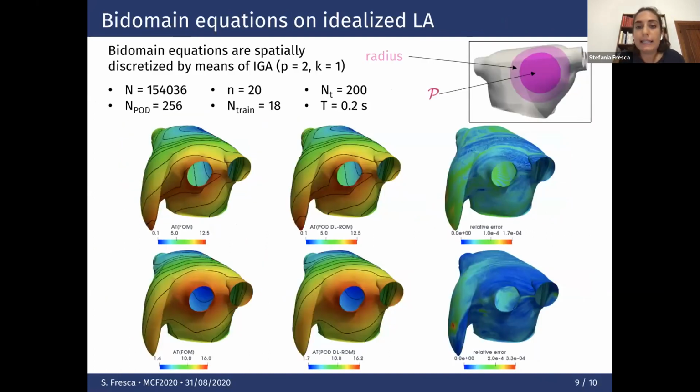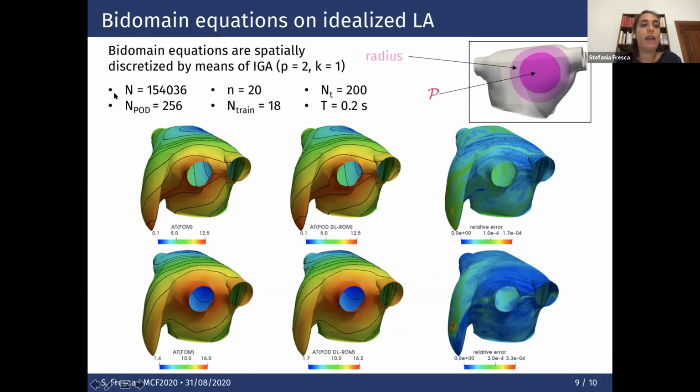As in the previous case, the solution on the atrium was found by solving the bidomain equations, which are discretized by means of isogeometric analysis. In the case I show here in the slide, the parameters are the coordinates of the center of the second stimulus, which vary over the fuchsia region.